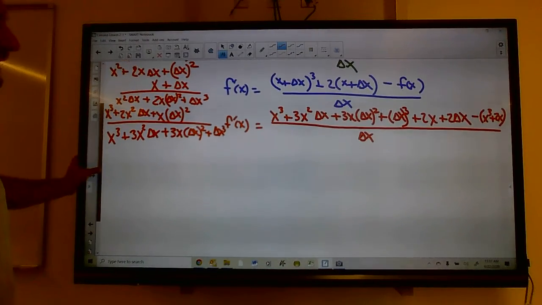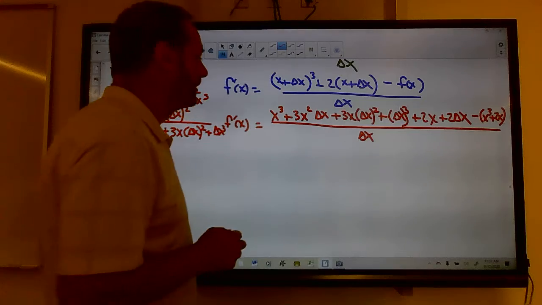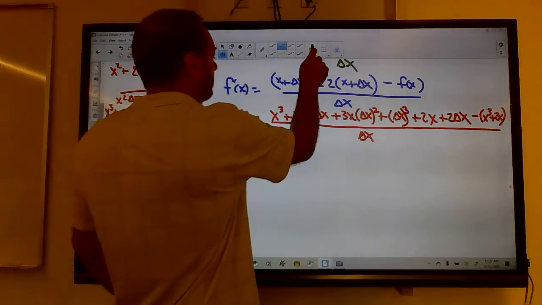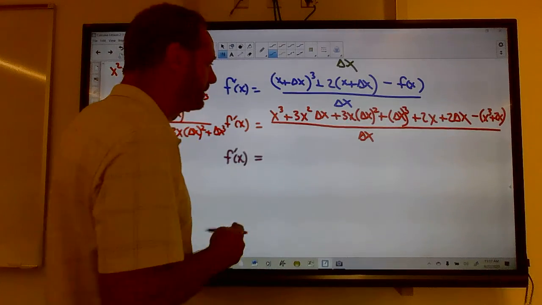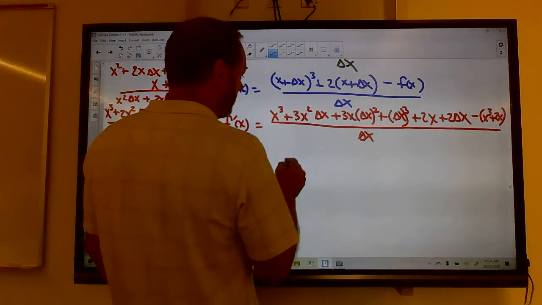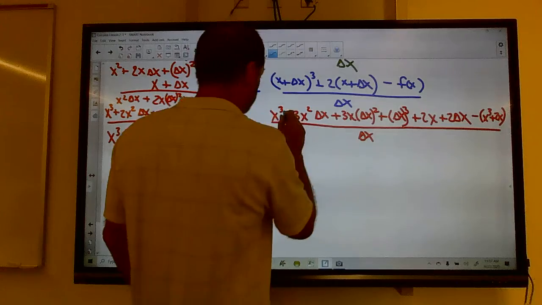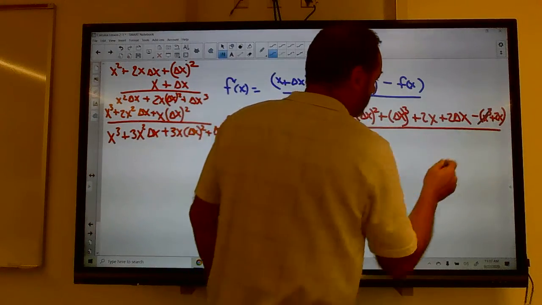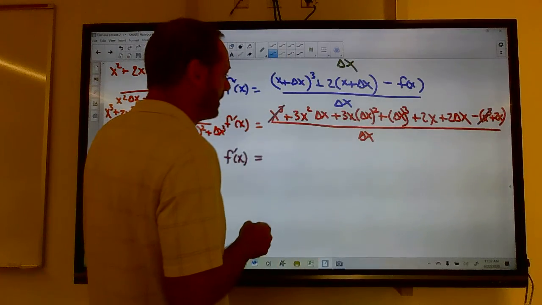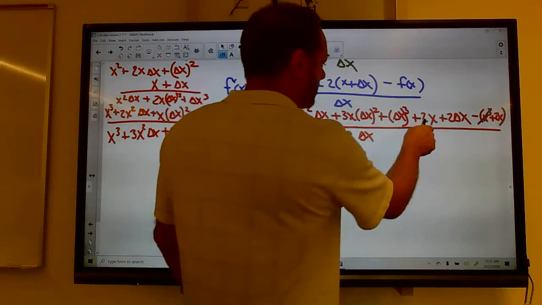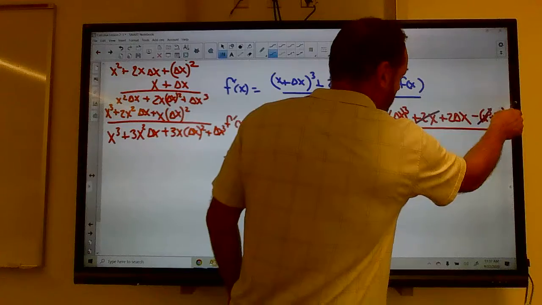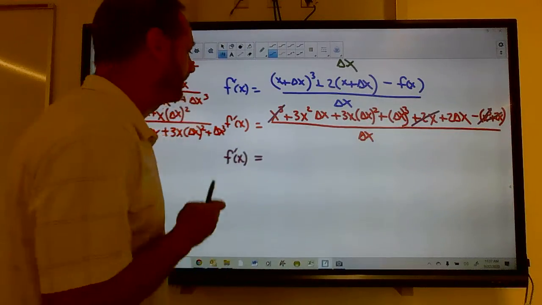Now I'm going to start combining like terms. F prime of x: I've got x cubed minus an x cubed, so this is going to cancel. I've got a 2x minus a 2x over here, so that's going to cancel.